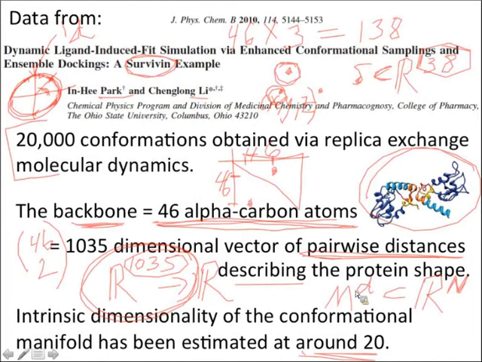In either case, we've got something that's around 20-dimensional, and I still can't visualize 20-dimensional spaces very well, and so we'd like to project down to smaller dimensions. Any questions about that?